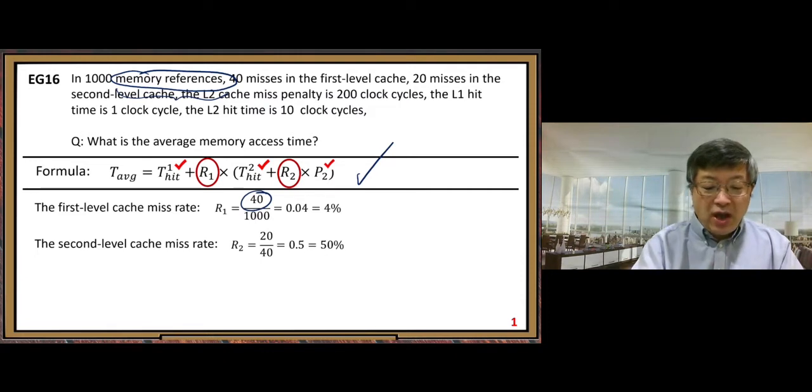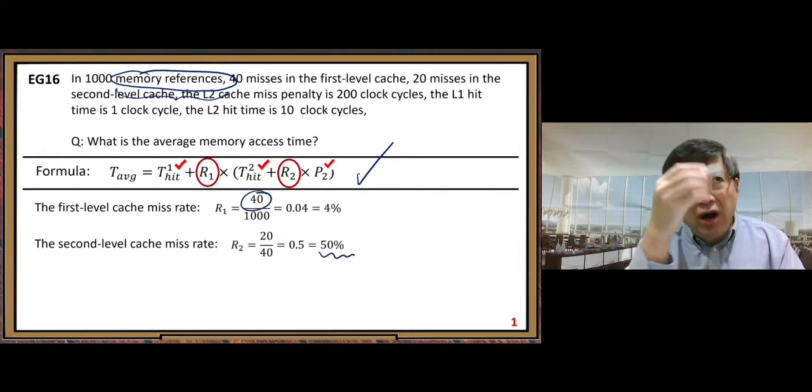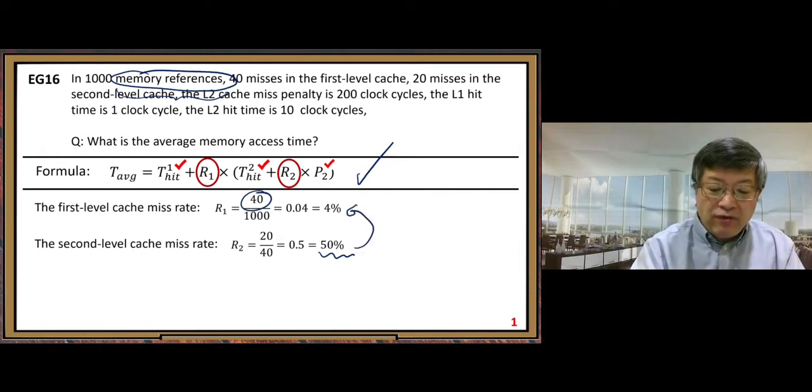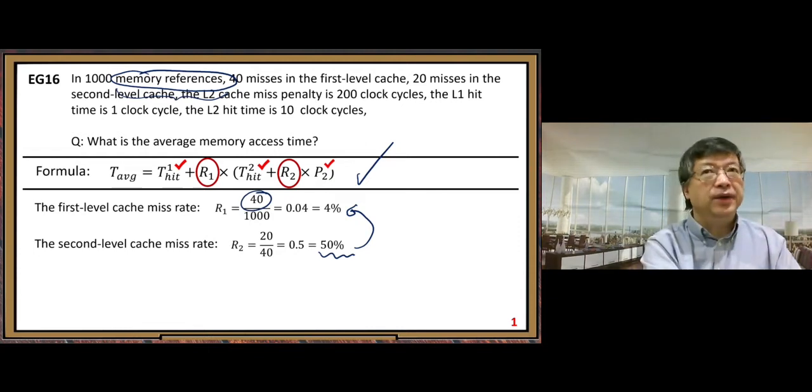You can see the L2 local miss rate is usually a much higher number, 50% compared with 4%. That's very common. The L2 local miss rate is usually relatively high.